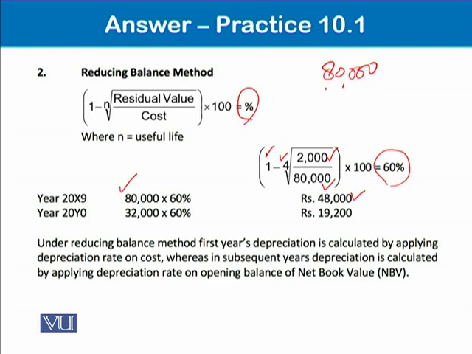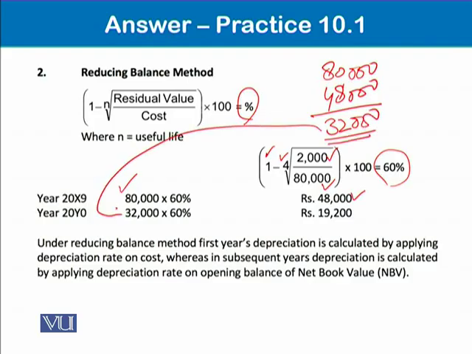Here we will show its working. It is 32,000. And in the second year, the same rate, 60%, will be applied on the net book value.